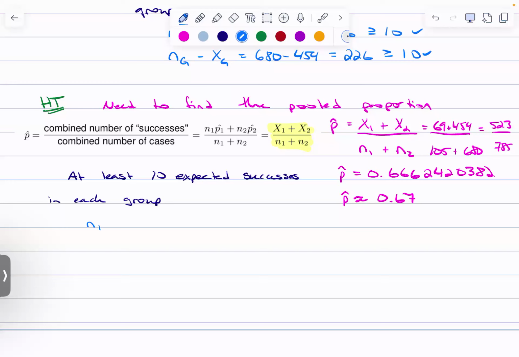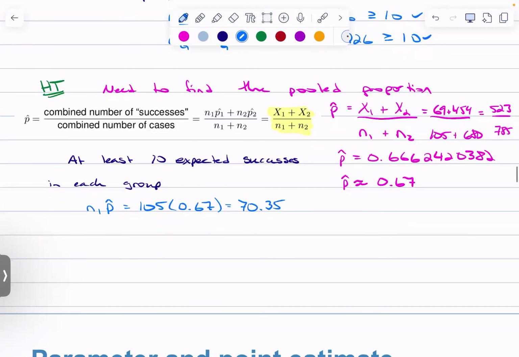So I have n1 times p-hat, which is 105 times 0.67. If they're all the same, I would expect 70.35 successes in group 1.